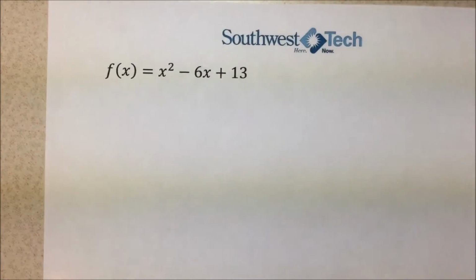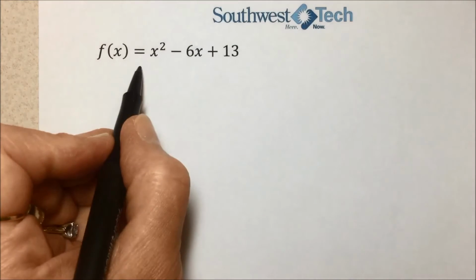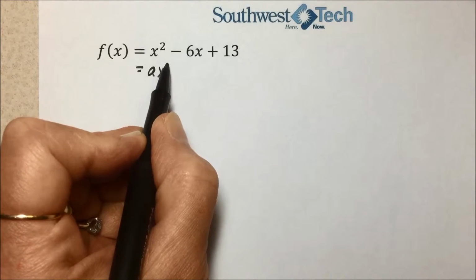In this next example, they're asking us also to identify the x and the y-intercepts. To move us along this line, let's identify what the a, b, and c are for this quadratic function.